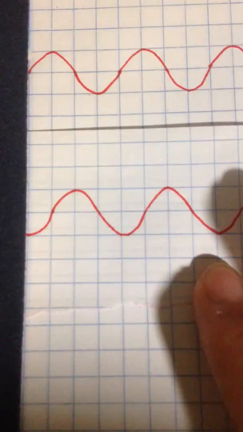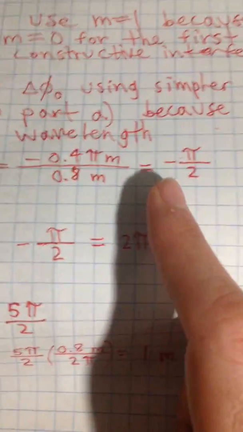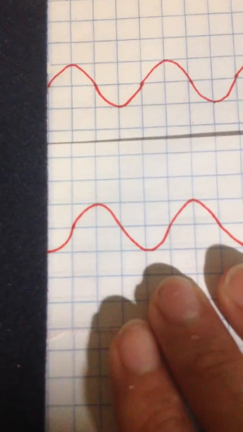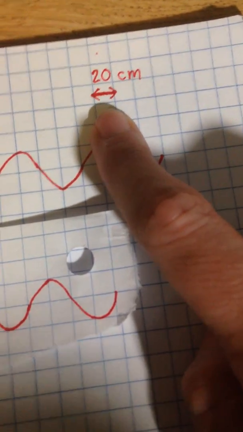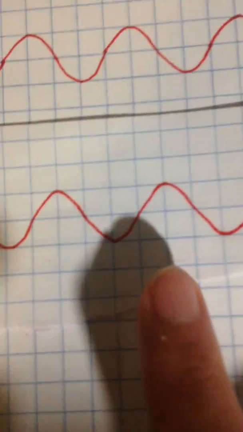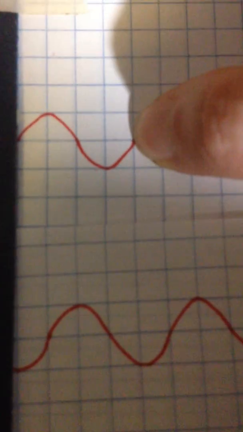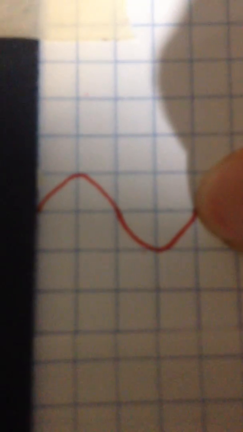So that's what we said for this problem. We said that the inherent phase difference is negative pi over 2. So that corresponds to this. If each one of those increments is 20 centimeters, then 4 of them is 80 centimeters, which is the whole wavelength. So you could think of that as 20, 40, 60, 80, and that's just a nice wavelength right there.